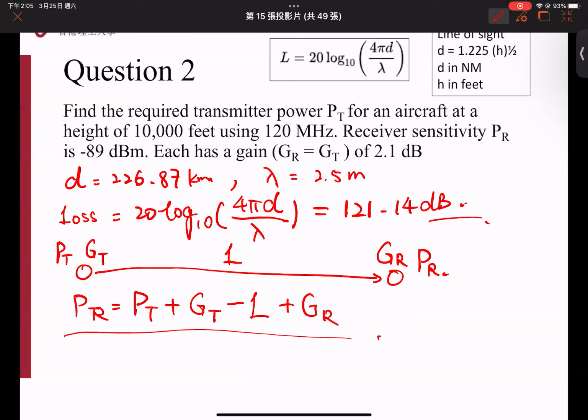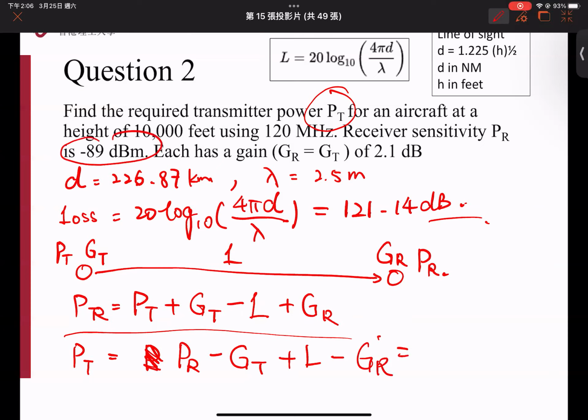The problem we need to solve is PT. So we rearrange the equation, and we can have PR plus L minus GR. So here we will have this one, minus 89. Because it's dBm and the others are dB, we use minus or plus with them.